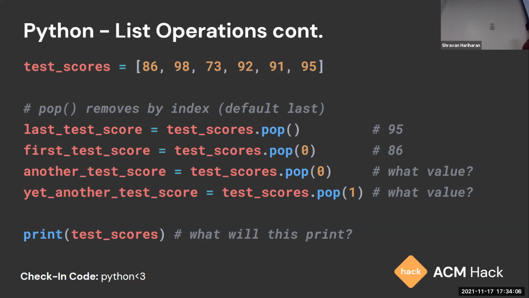So we would return the first index, which would be the second element because we index by 0. Good answers. And then lastly, what would the list be that's printed at the end? Any last guesses? Right, correct. Good job, because all the other ones were removing.